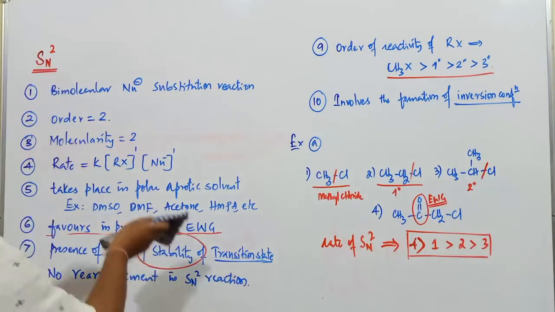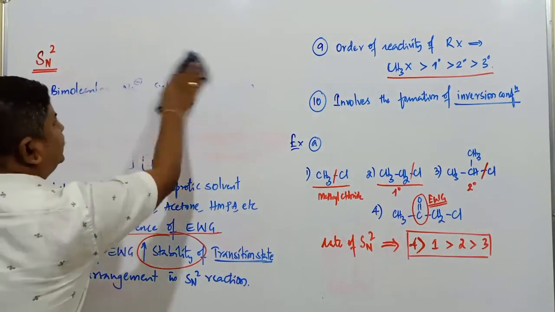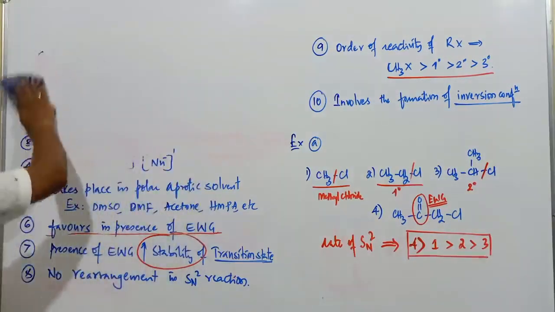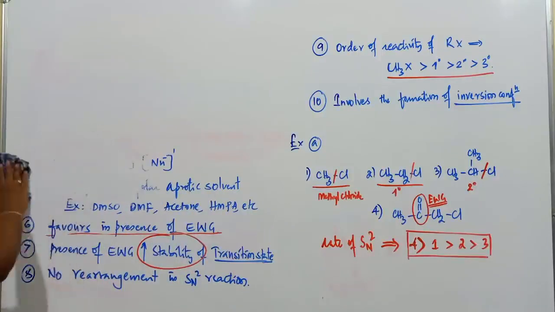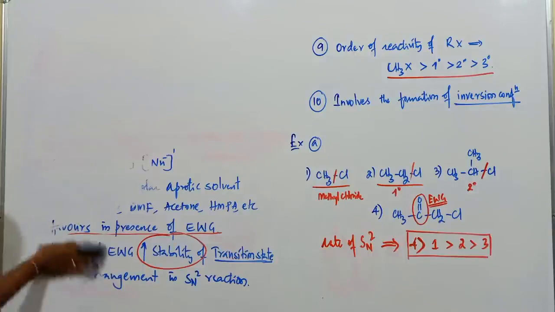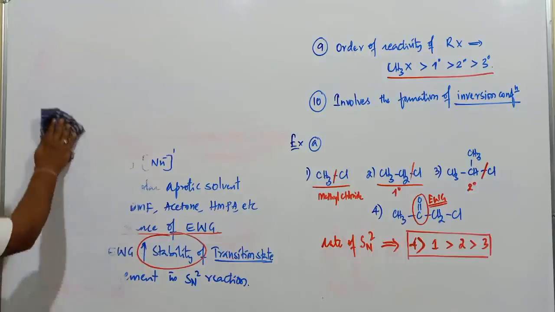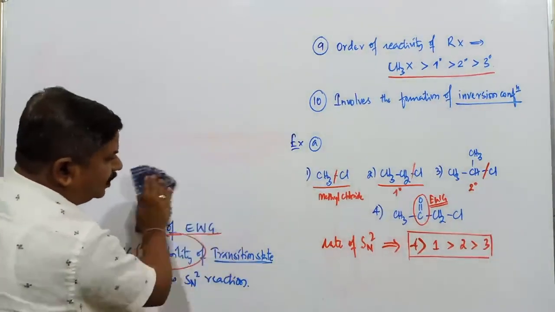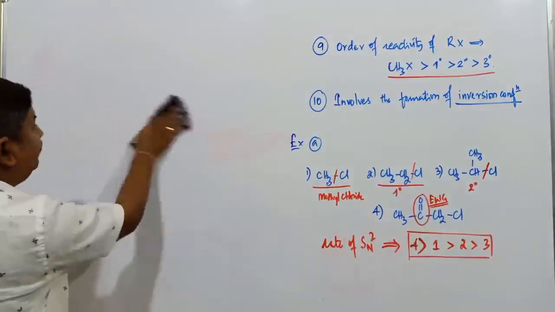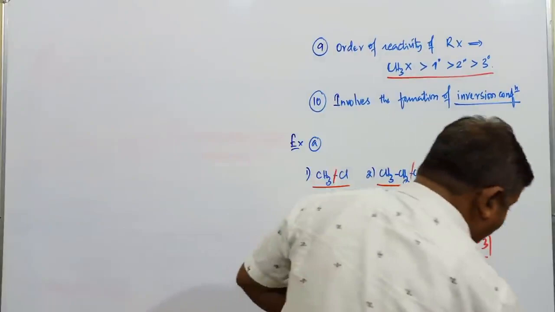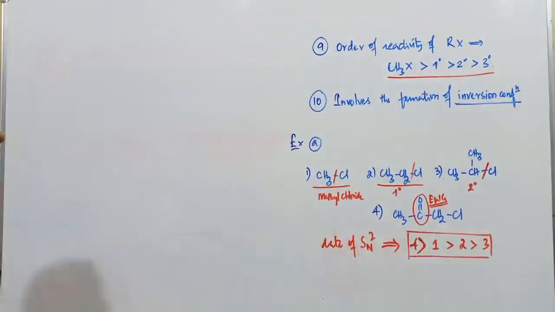Like that, we will come across a number of examples about the hydrolysis of alkyl halides based on SN1 as well as SN2 mechanism. Is it clear? This example clearly indicates the reactivity of different types of alkyl halides.